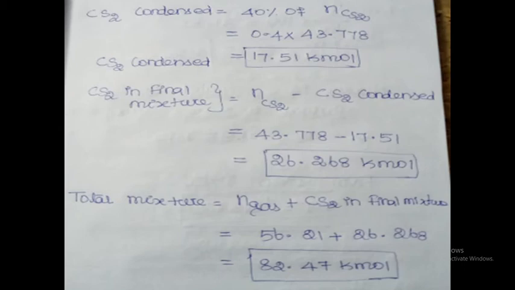Okay. So what about the total mixture? CS2 is present in the final mixture. What about the other component, gas? The gas is not condensed. That's why the initial mole is present in the final mole.